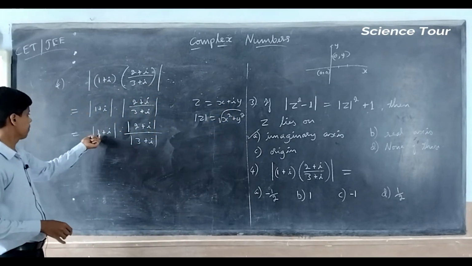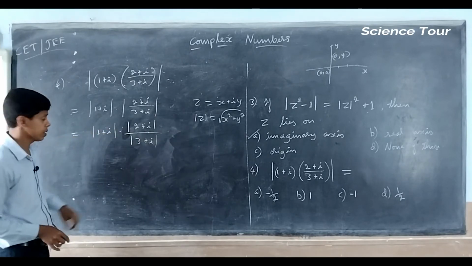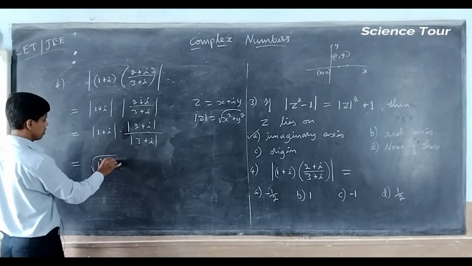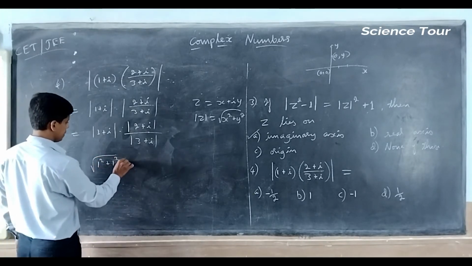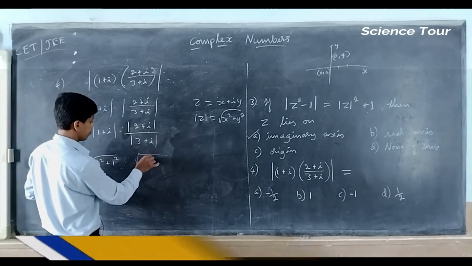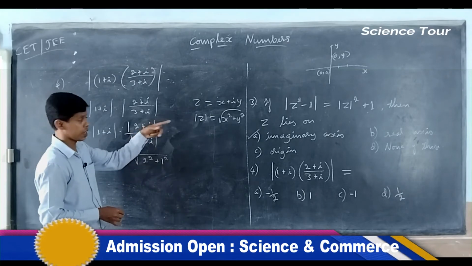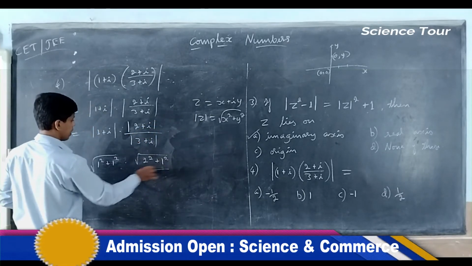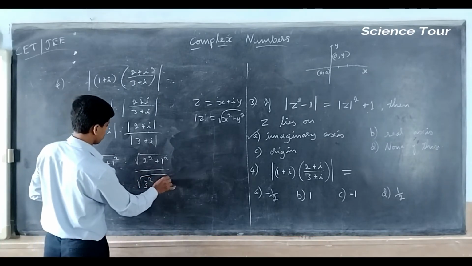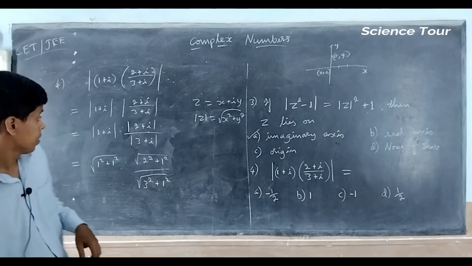Well, you have got x as 1 and y is also 1, correct? So this is square root of 1 square plus 1 square, into root of 2 square and then 1 square, because b, that is y, is 1 here, right? Divided by root of 3 square plus 1 square.